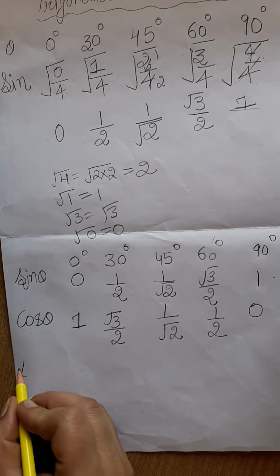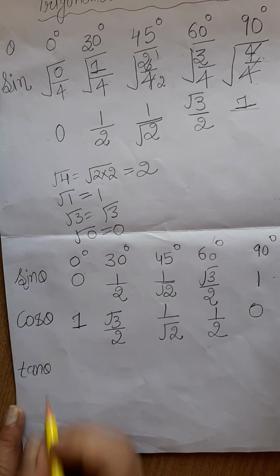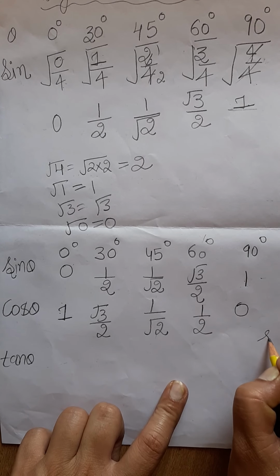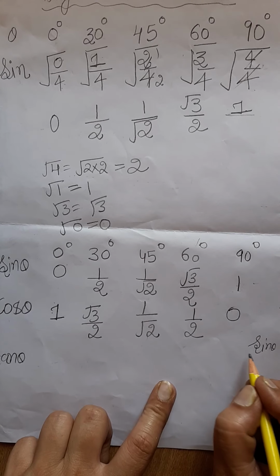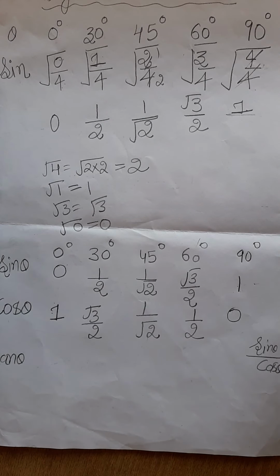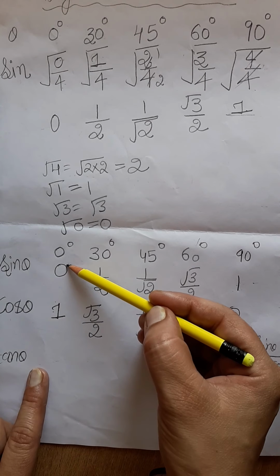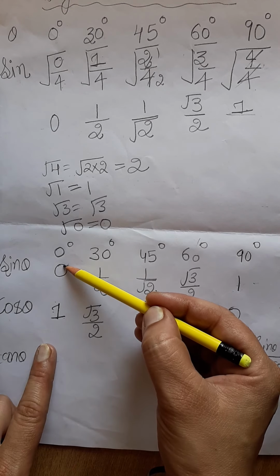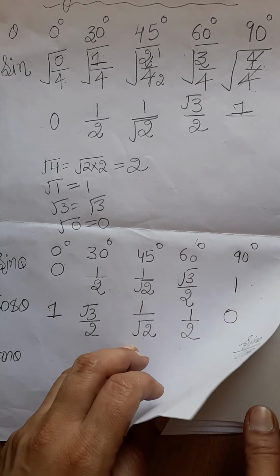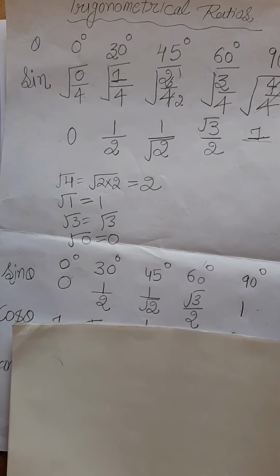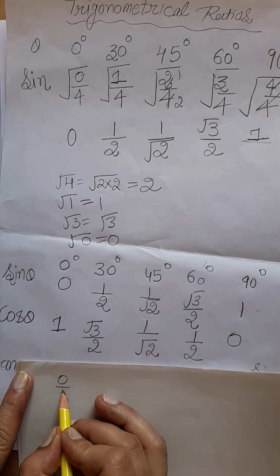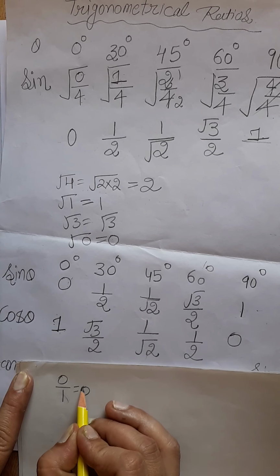After that, if you find the value of tan theta, then you use the identity sin theta by cos theta, sin upon cos. So you divide these two numbers, 0 by 1. If you divide 0 by 1, then we get 0.